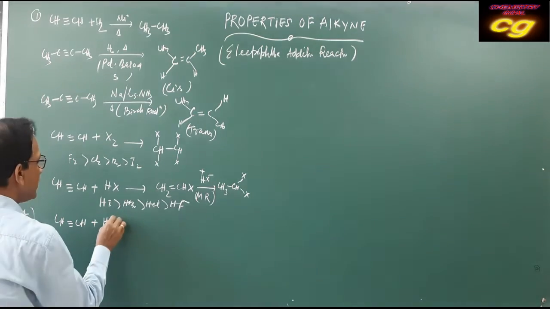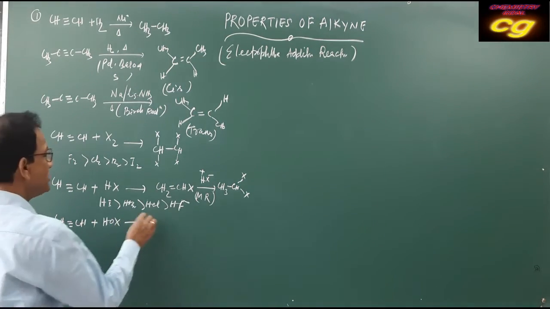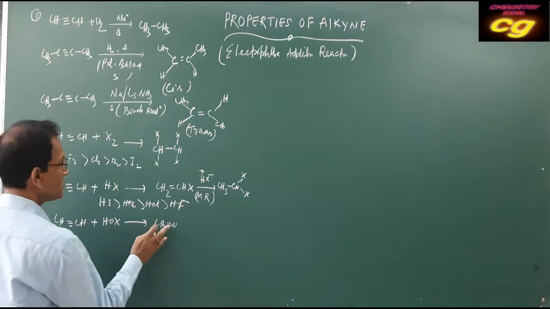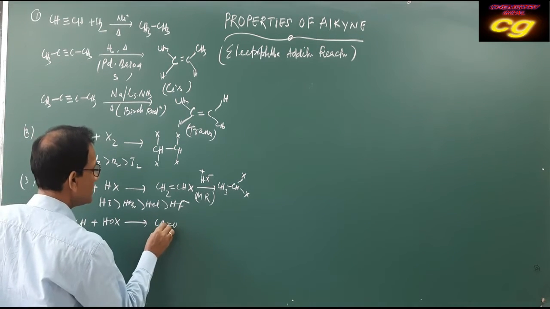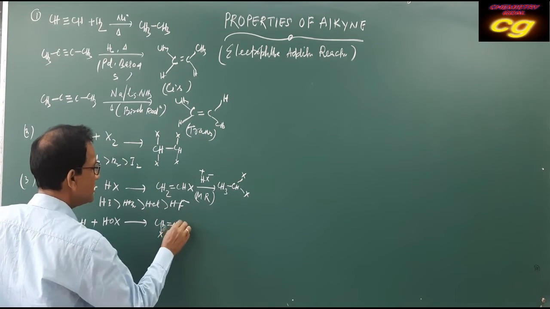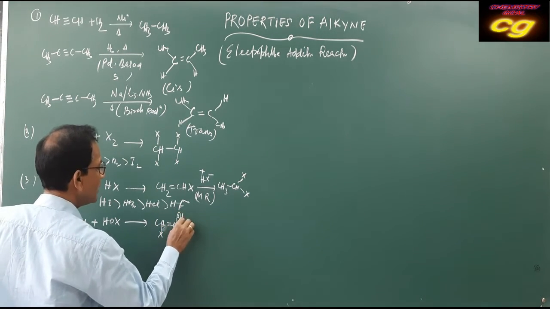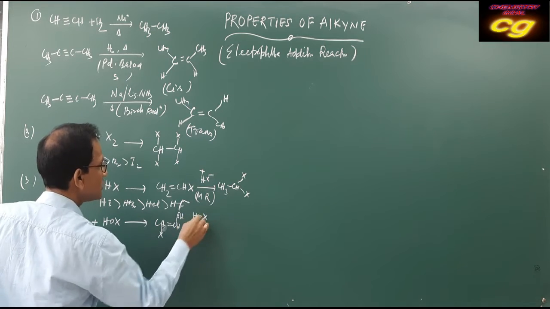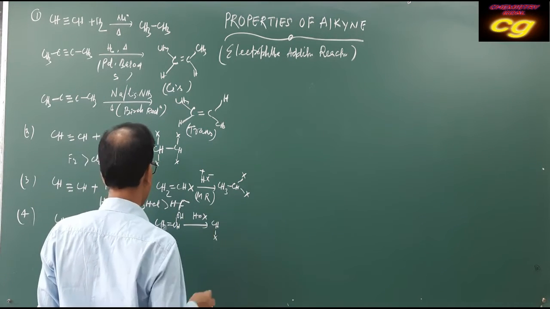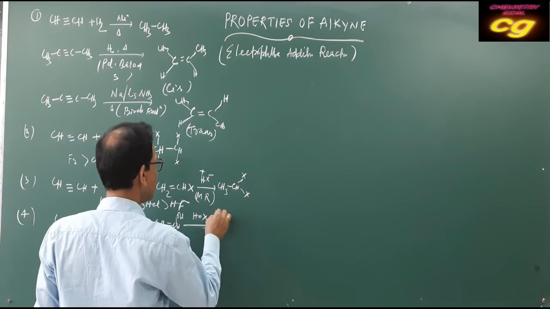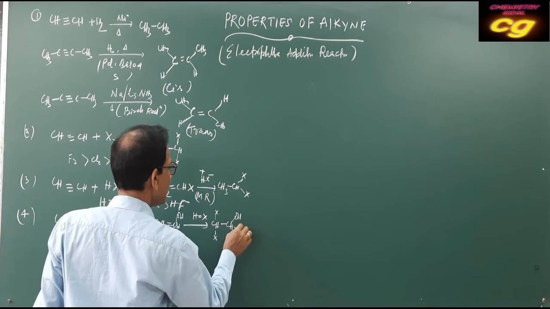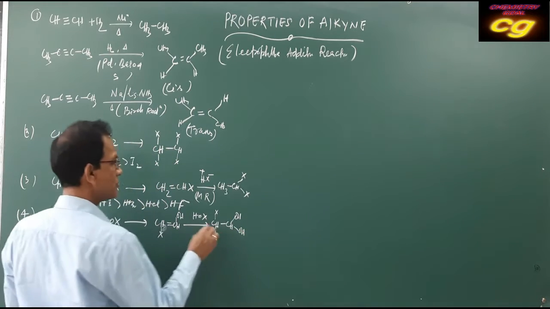Then hypohalous acid, HOX. First the result is CH2=CHX, then CHOH. On further addition of HOX, similarly, CHX2 and then CH(OH)2, and this is unstable.